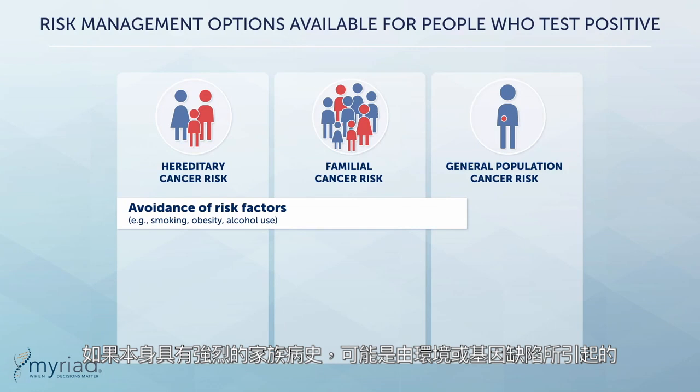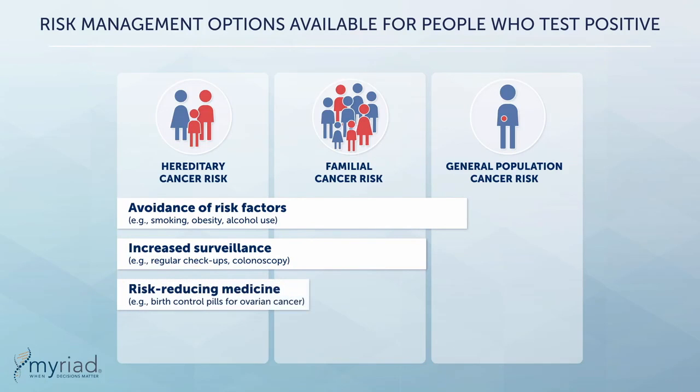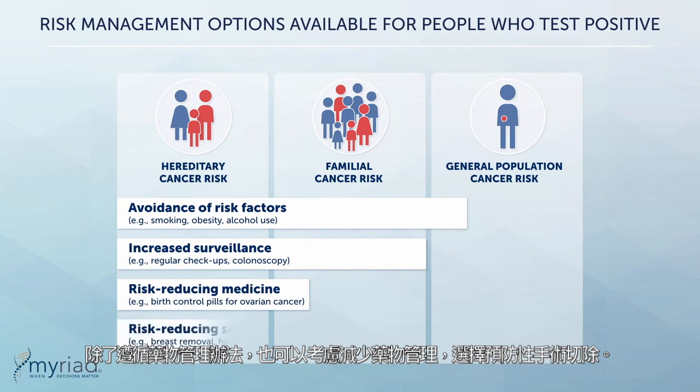If you have a familial cancer risk that might be caused by environmental or genetic factors, you should avoid the behaviors that increase risk and enhance your medical surveillance. If you test positive for hereditary cancer risk, you should avoid the risky behaviors, increase your medical surveillance, and based on medical advice, consider risk-reducing medicine or surgery.